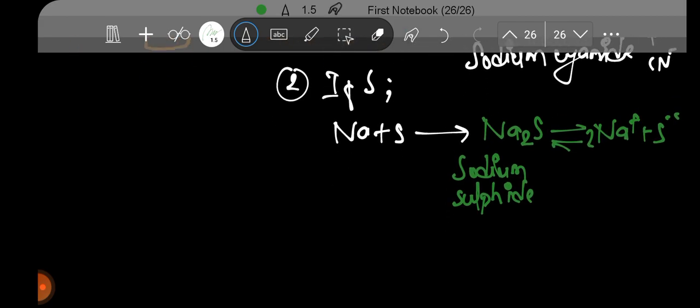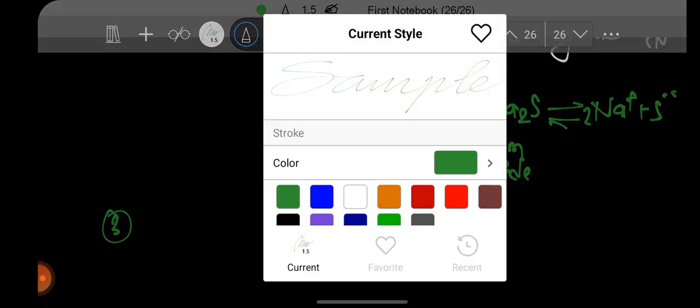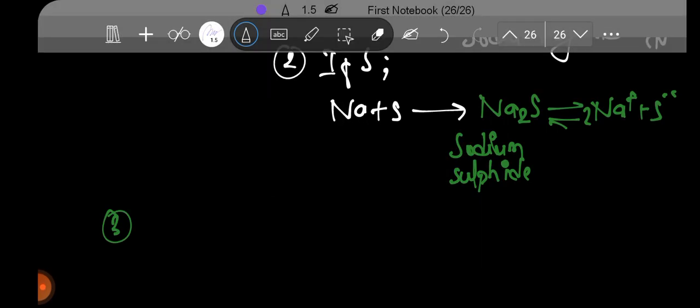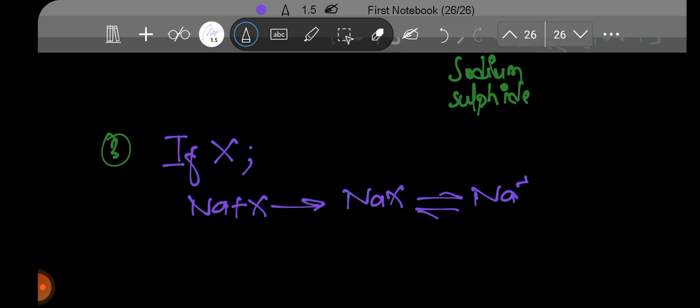Likewise, if there is the presence of halogen as foreign element, then sodium plus halogen reacts to give sodium halide. In further reaction it gives Na plus X minus.